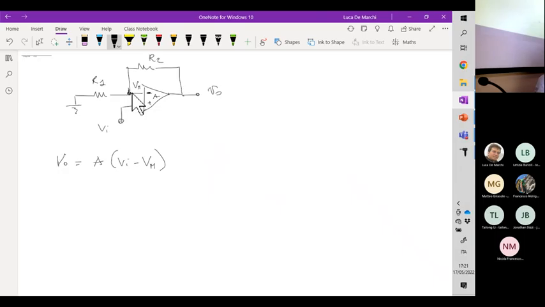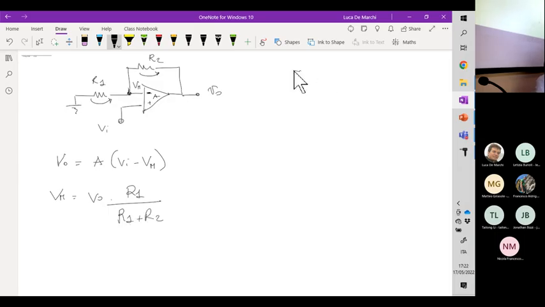V minus here is also the partitioning of V out over R2 and R1, so the voltage divider effect through R2 and R1. This means that V minus can be written as V out times R1 over R1 plus R2.